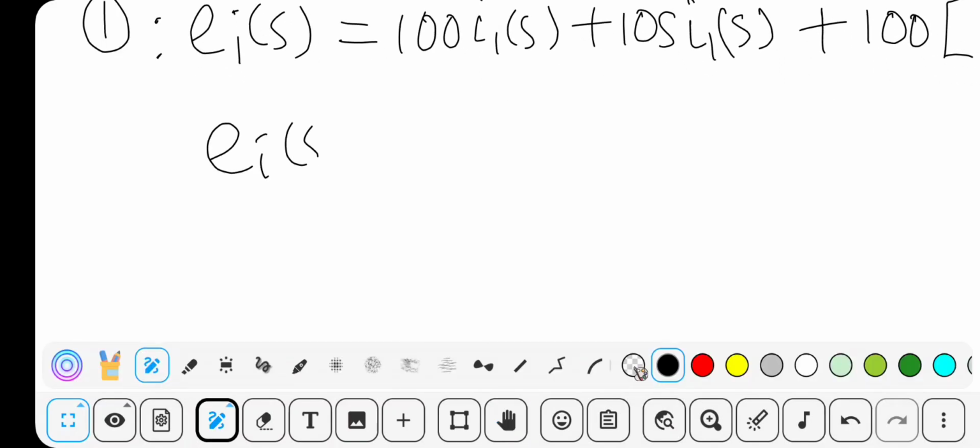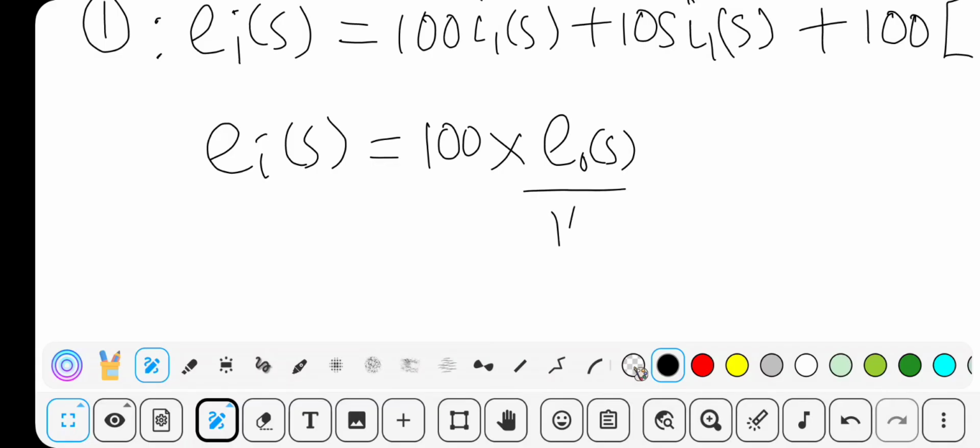So this will be equal to, when you substitute I1 and I2, this will be 100 times I1, which is over 100.